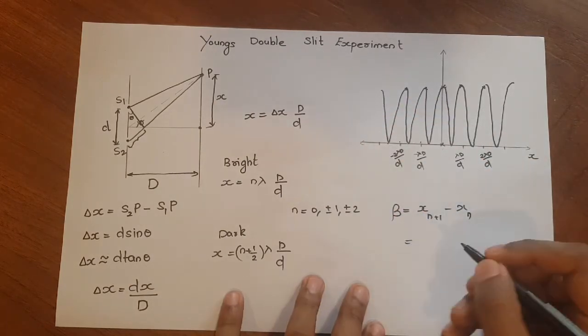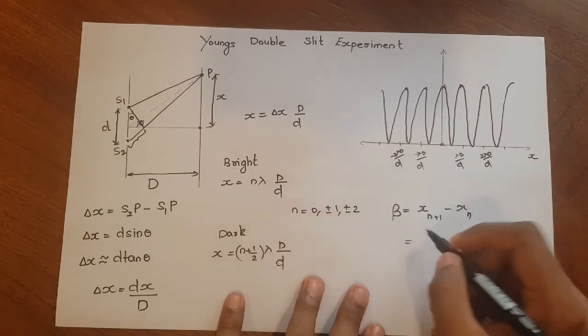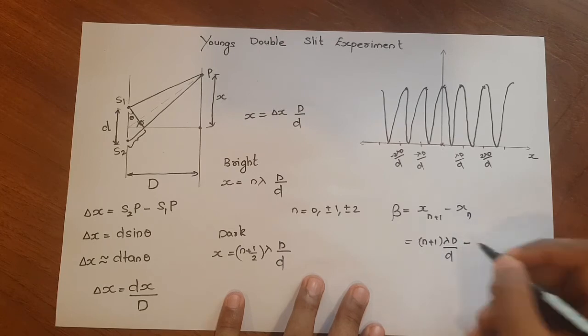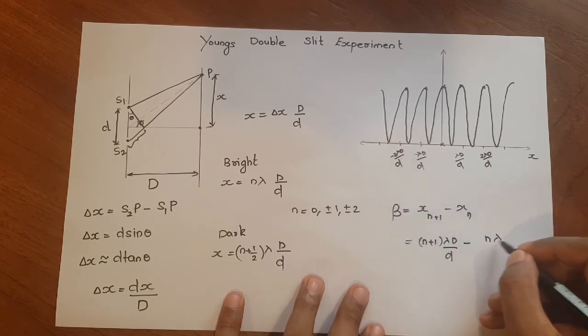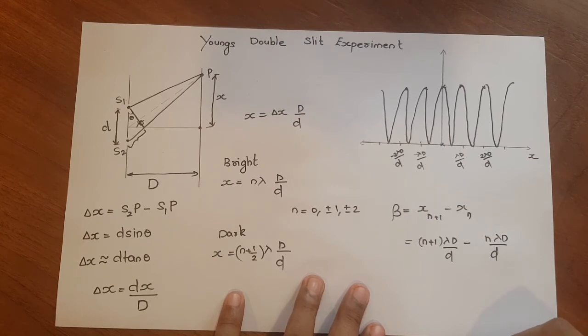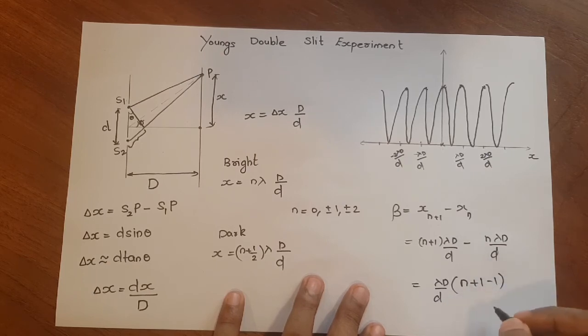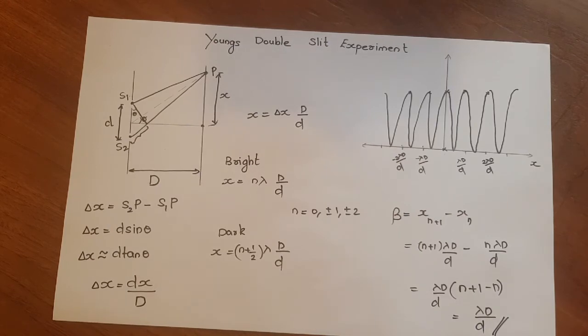If I substitute n plus 1 over here, it is (n plus 1) lambda D by d minus n lambda D by d. If I take lambda D by d common, it is lambda D by d times (n plus 1 minus n), which is simply lambda D by d. The fringe width is given by the equation lambda D by d, which can also be easily seen in the intensity variation pattern.